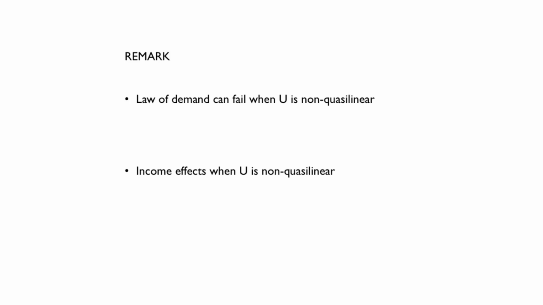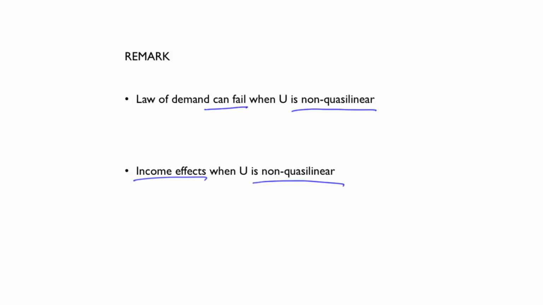However, I want to emphasize that when the preferences are non-quasi-linear, so with more general preferences that don't have this very stark additive separability form, the law of demand can fail, and the demand may exhibit income effects. It may depend on the wealth of the consumer.